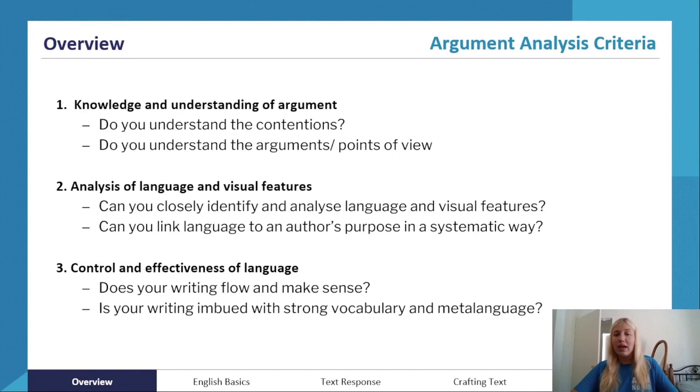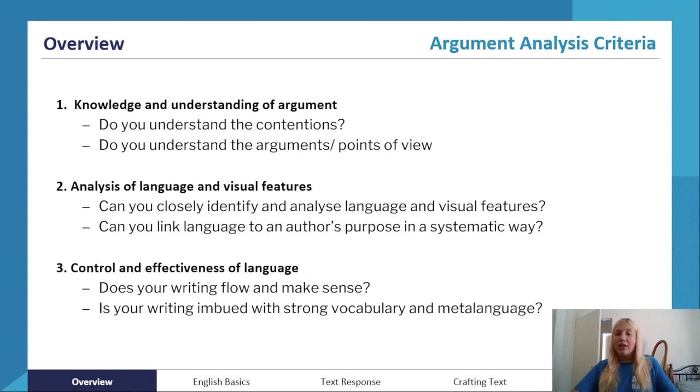So we'll be looking at the elements of a contention, and that's what needs to go in your introduction for these essays. But there are 5 elements that form your contention for you to have a solid contention. So it's not just what is the author's main point of view, but there are a few other things there. We'll have a look at that formula.